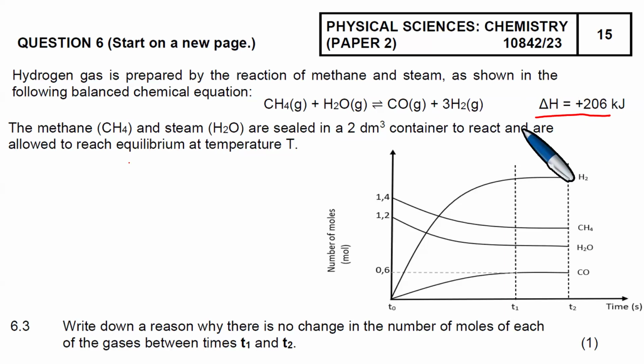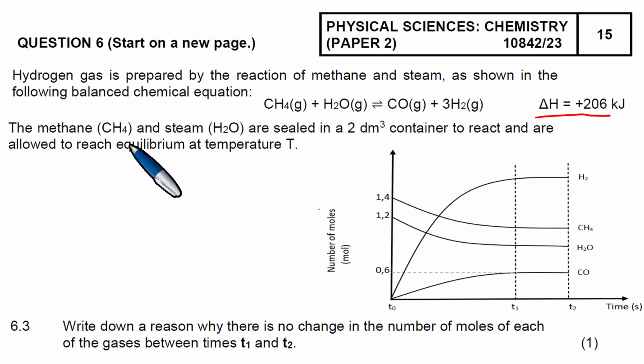Please take note of that, grade 11 children. Now, the methane gas CH4 and steam H2O are sealed in a 2 cubic decimeter container to react and are allowed to reach equilibrium at temperature T.